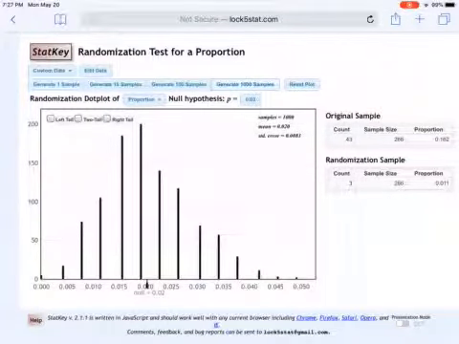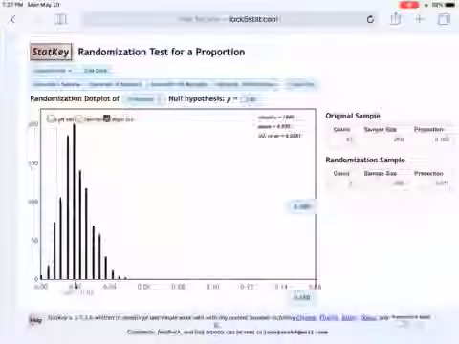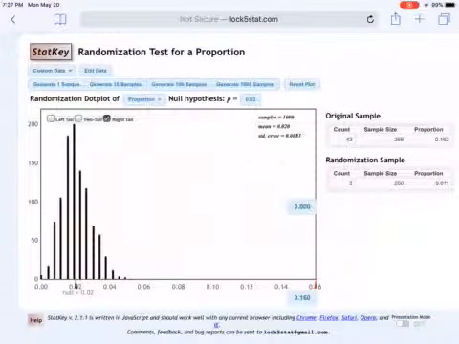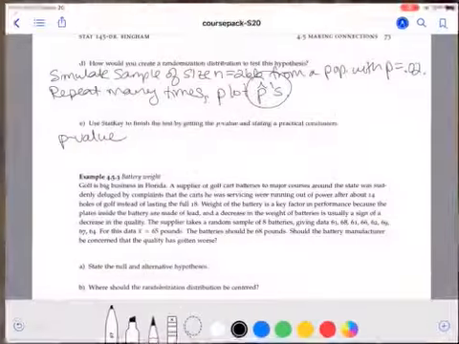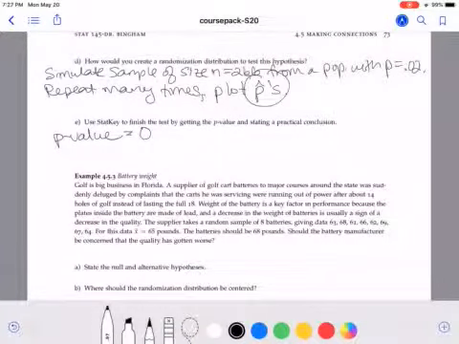Just looking at the graph for our sample value of 0.16, we can see it's way off the chart, so we're going to get a p-value of 0, as there's nothing beyond it. But we can click right tail and put our 0.16 down here at the bottom. That shifts the graph over, and the number of randomizations beyond 0.16 is 0. We're way off of that here. So our p-value is equal to 0.